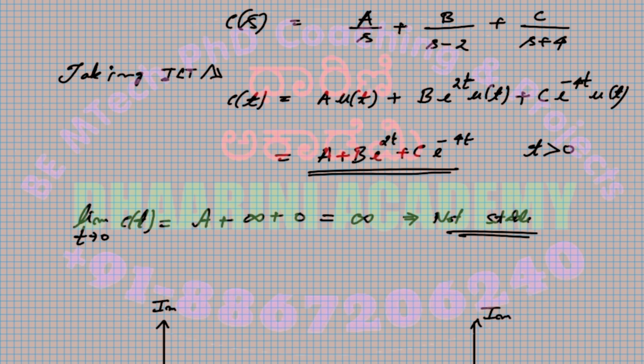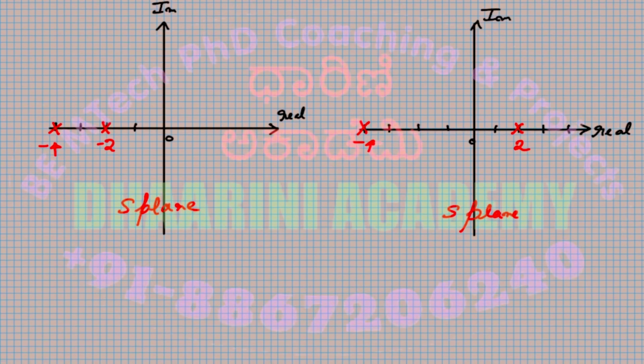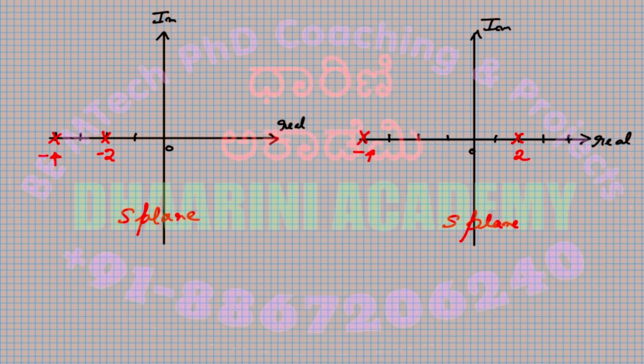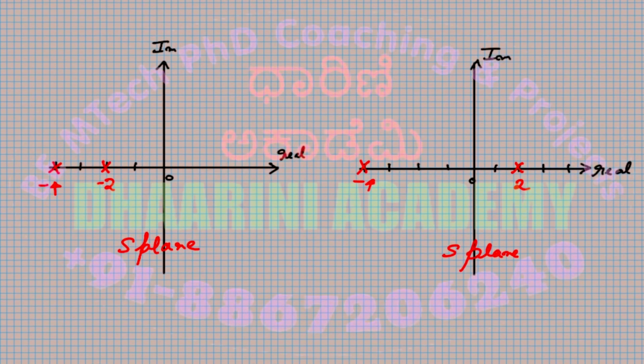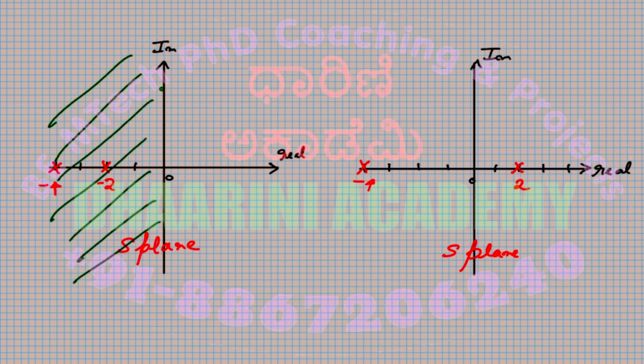So some idea we got now. What is the condition? What is the basic reason a system might tend to be unstable? So you see here, everything is on the left hand side, so this is a stable system.